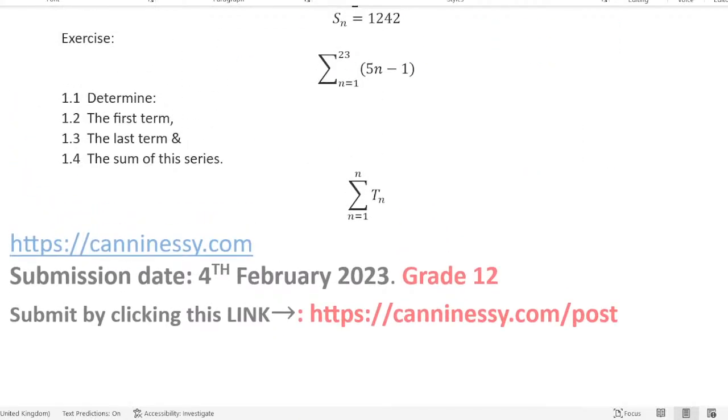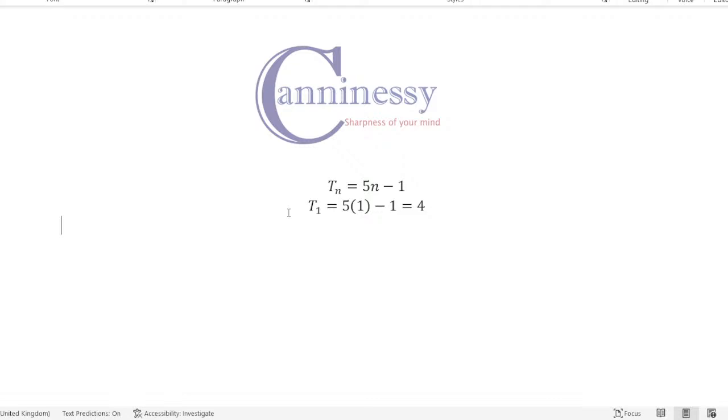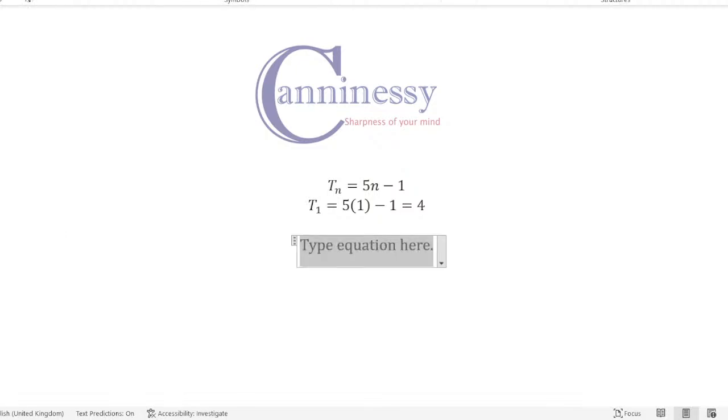Then the second question says the last term. In order to determine the last term, remember, this is our general formula. And we are told that the terms will end at 23. So we have T23 is equal to 5 into 23 minus 1.